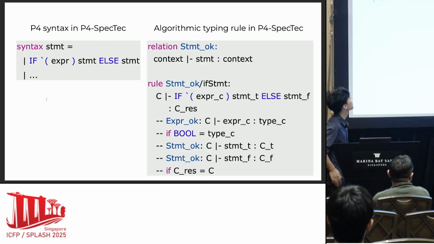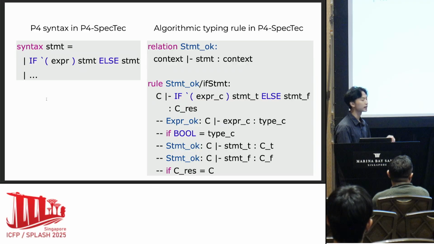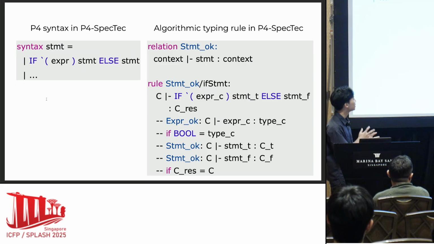Now this reads, under a typing context C, we will be given a P4 if statement. Then we will first type check the expression, get its type. Second, check that it has Boolean type. And then type check both branches. And finally, we will say that the result of the typing is an updated context CRES.